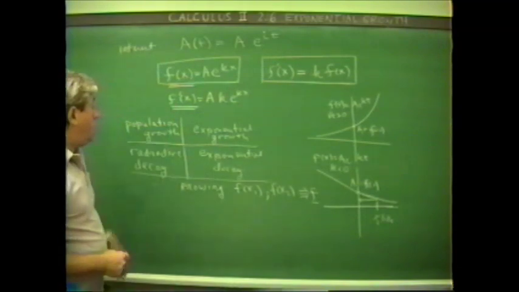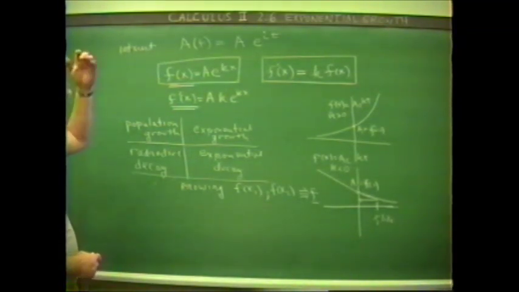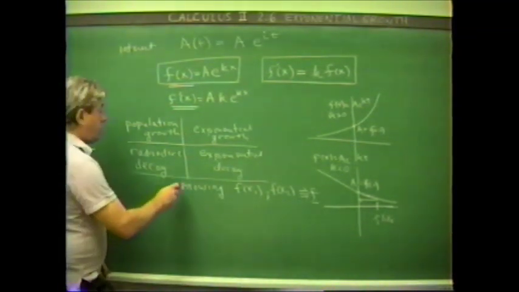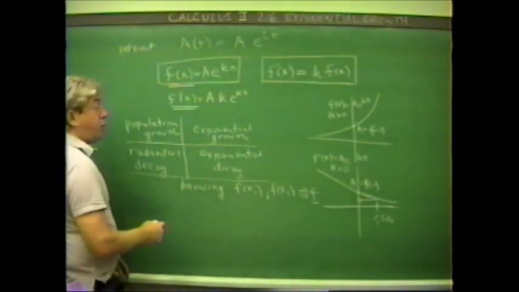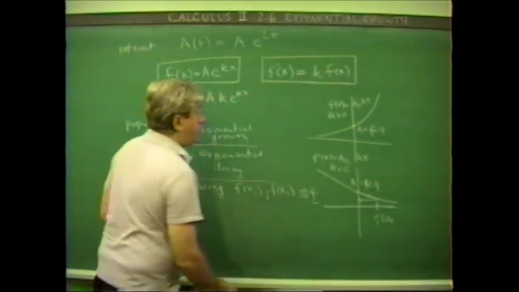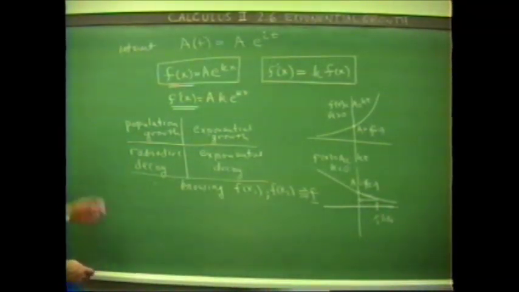Frequently, the two values that are known are f of 0 and perhaps f at the half-life, let's say, if you're talking about radioactive decay.